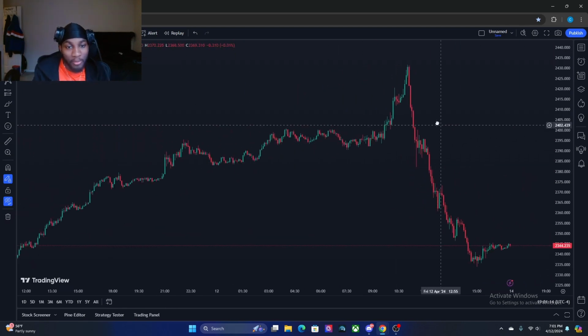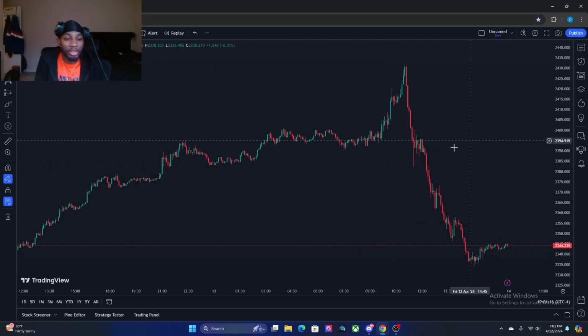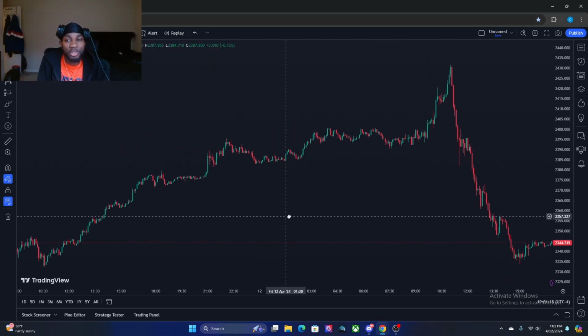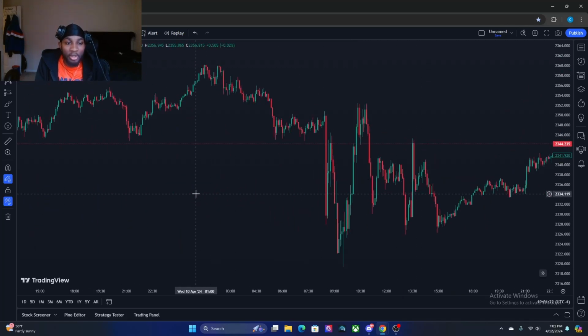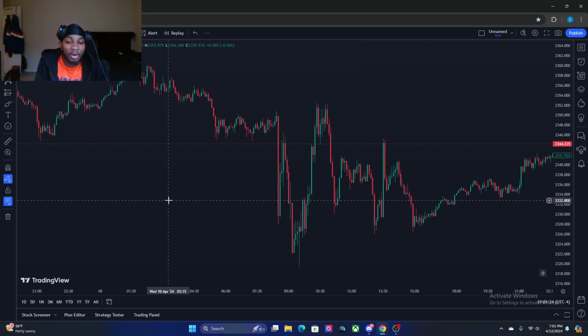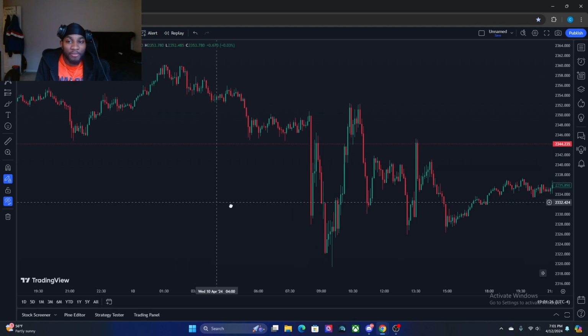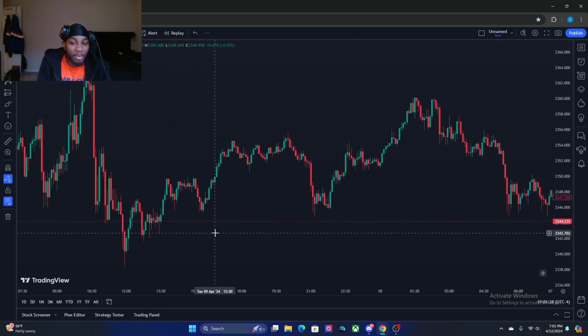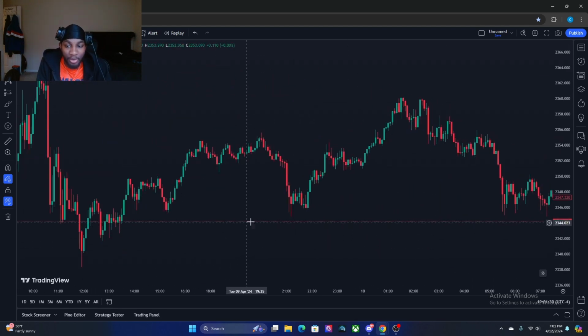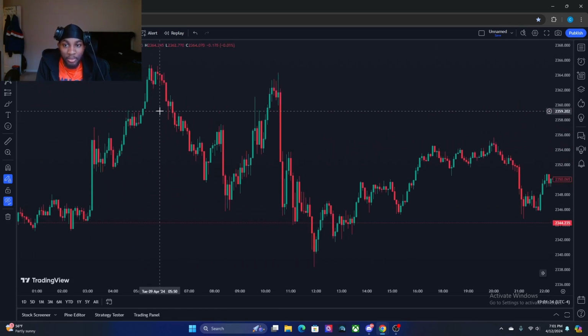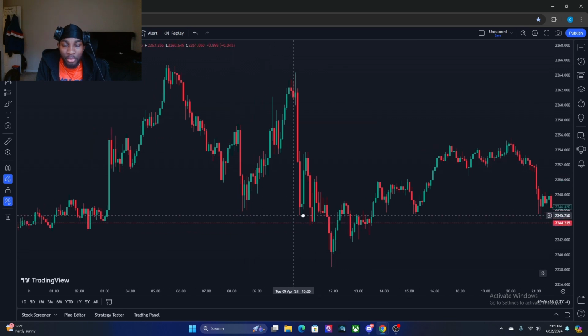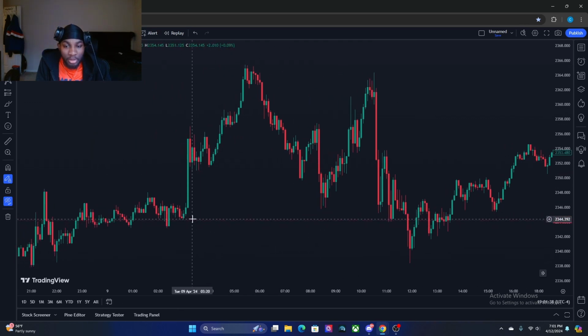You could look at the 5-minute, because I mainly take my trades on the 5-minute. That's my entry time frame. Okay, so look, let me find a good setup. What was the setup I took earlier this week? Well, we have a good setup right here.